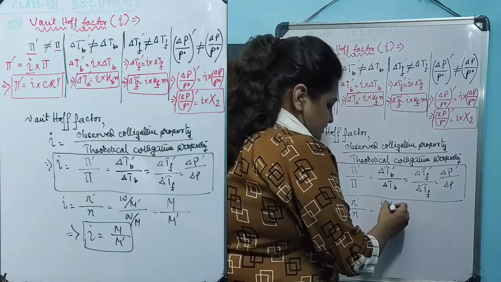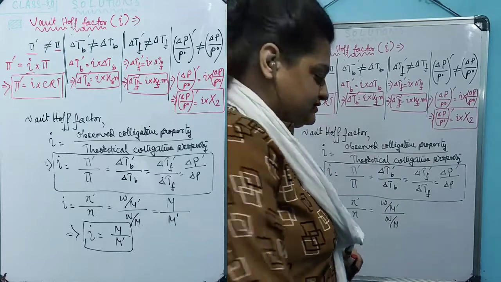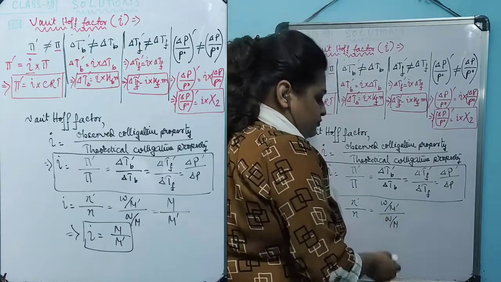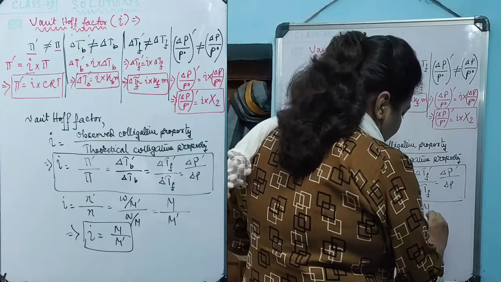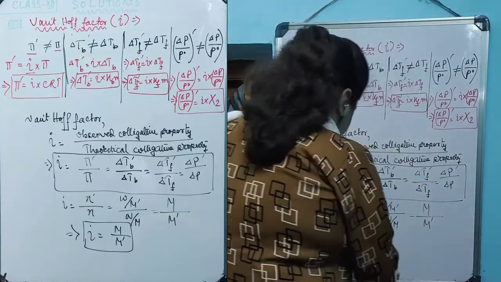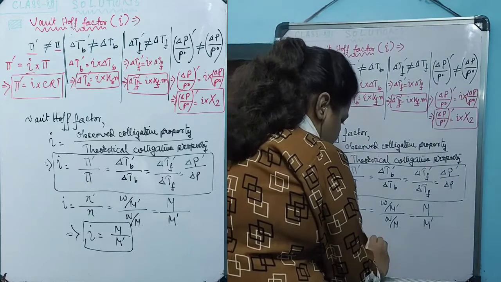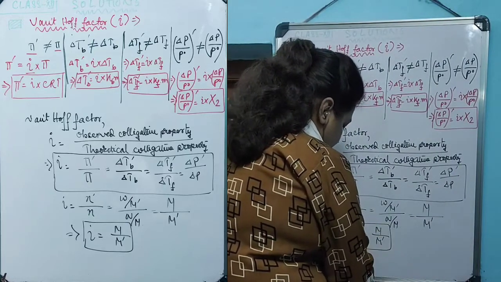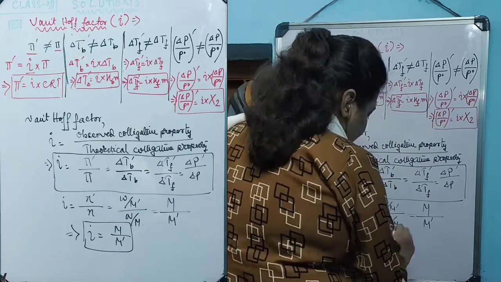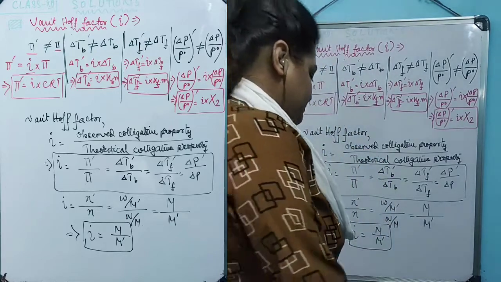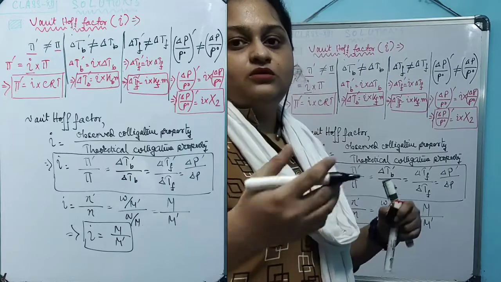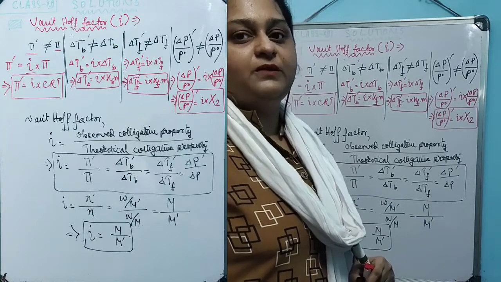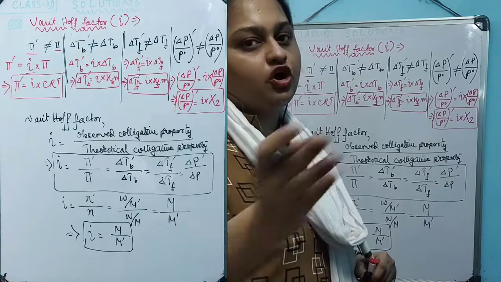Therefore, the theoretical molecular mass, that is M, and the experimental molecular mass, that is M prime, will be different, resulting in M by M prime. Therefore, the colligative property ratio can be given as M by M prime, where M is the molecular mass and M prime is the experimental or observed molecular mass after dissociation or association.